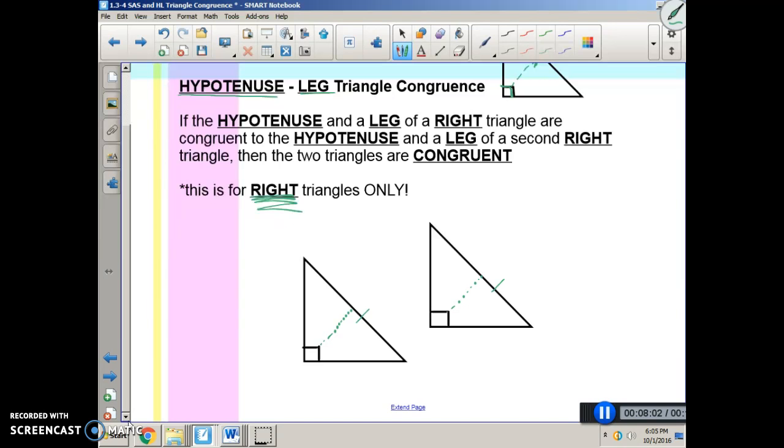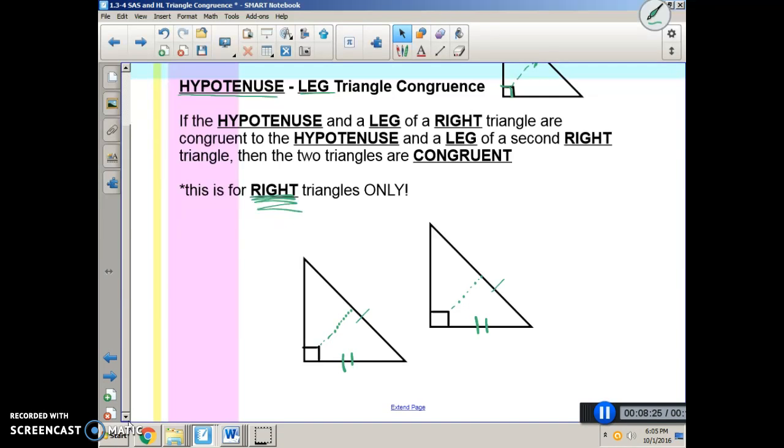Those two have to be equal to each other, and let's say that this is the leg that's congruent. I could have picked these ones, but I only need one leg. Doesn't matter which leg, as long as it's congruent in both. I just picked the bottom one because I wanted to. But it has to be one leg, one hypotenuse.